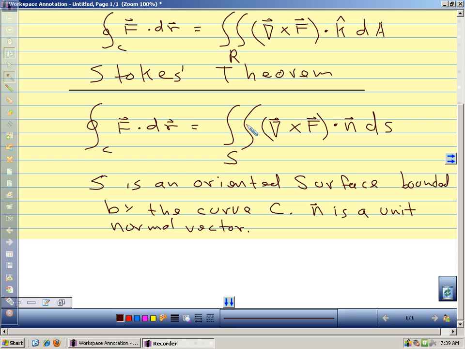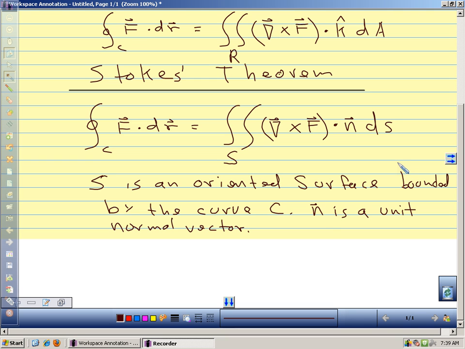We have this quantity on the interior of a region, and it has something to do with another quantity at the boundary of the region. So we're extending the fundamental theorem of calculus in this instance with a surface and the curve that's the boundary of the surface.